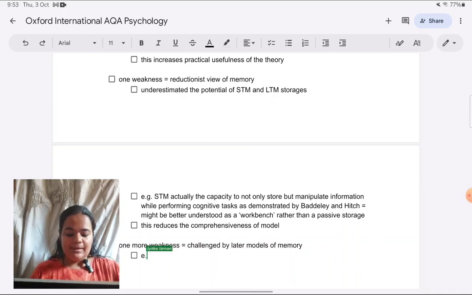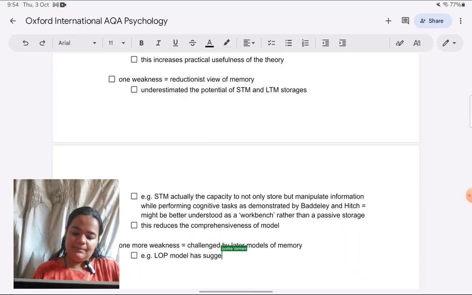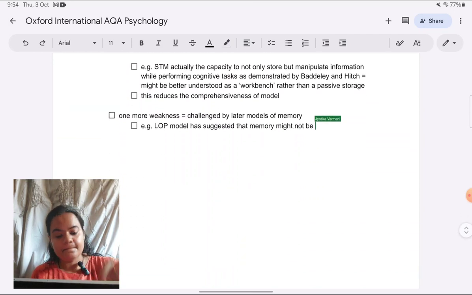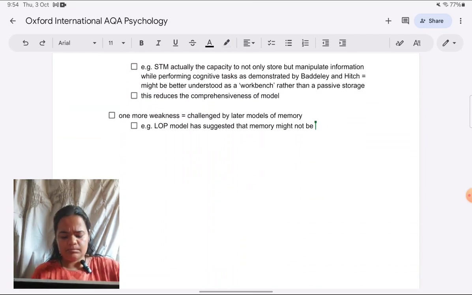For example, the LOP levels of processing model by Craik and Tulving has suggested that memory might not be structured into well-defined storages.